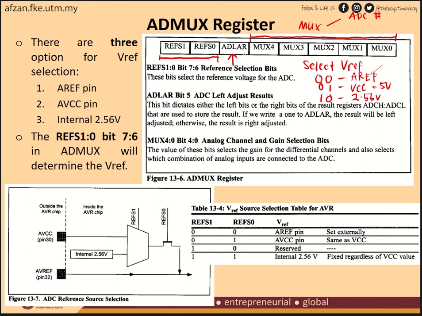How you're going to store the data inside your ADCH and ADCL, because ADCH and ADCL are 16-bit and we only use 10 bits, will be determined by ADLAR.